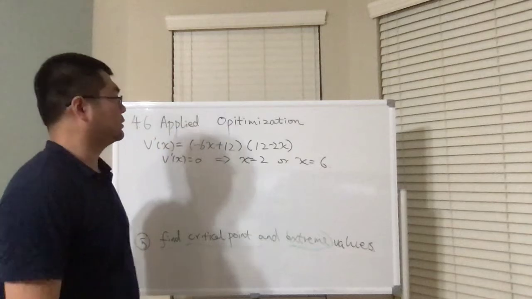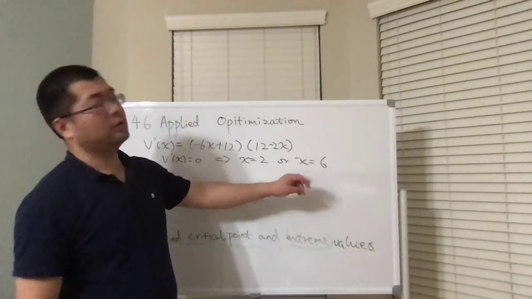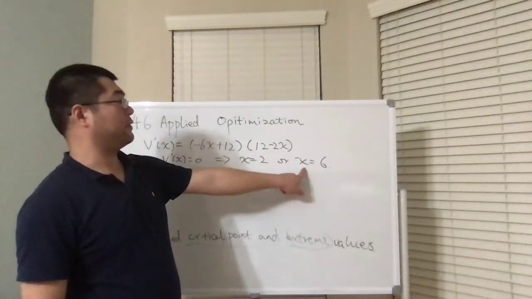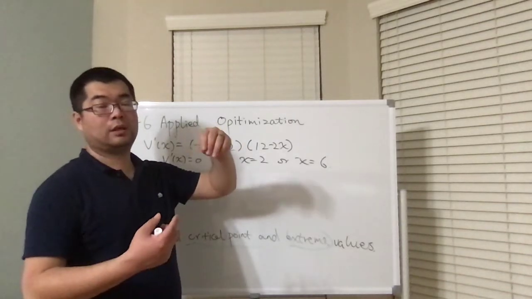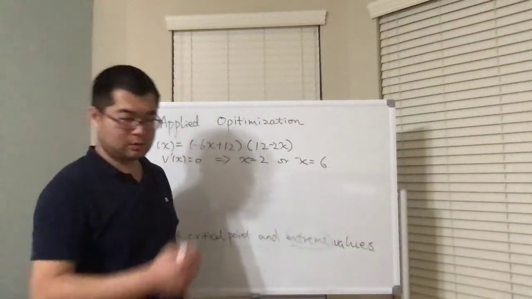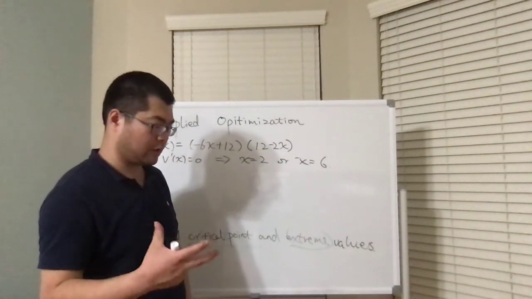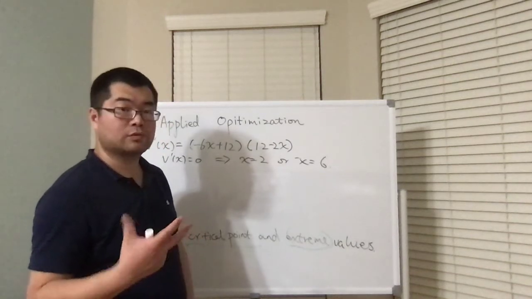In fact, guys, as you can see from here, we can already get rid of one. Why? Think about this: the length of the original square cardboard is 12 inches.